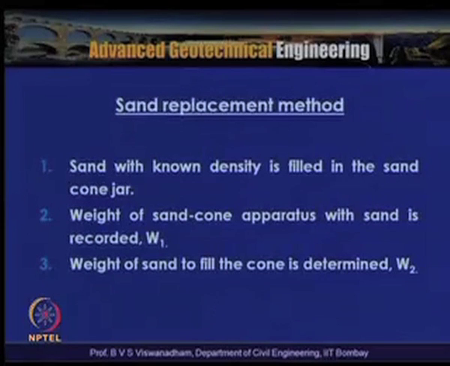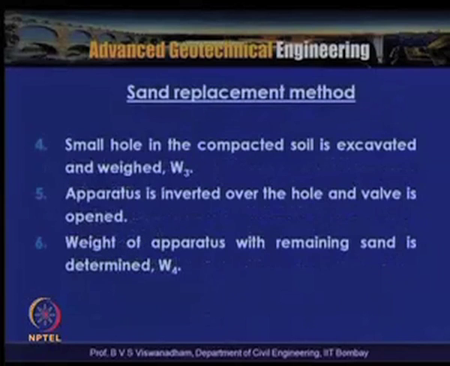Say the weight of the sand cone apparatus with sand is W1, and the weight of the sand to fill the cone is determined as W2. If you want to determine the density in a particular layer, you excavate a small hole in the compacted soil and weigh the soil, and that weight is say W3.